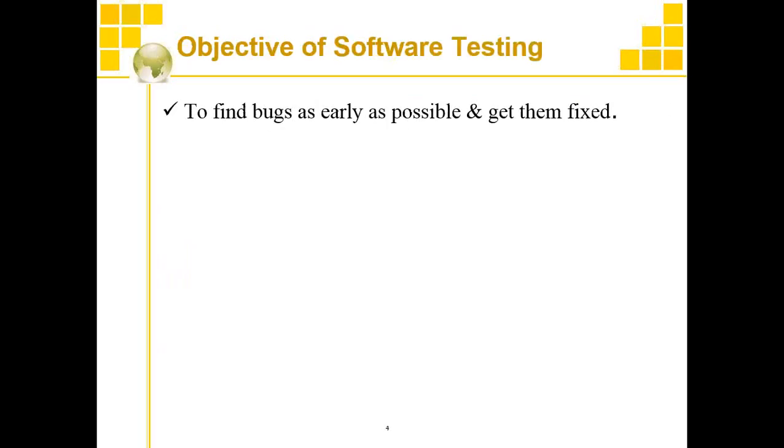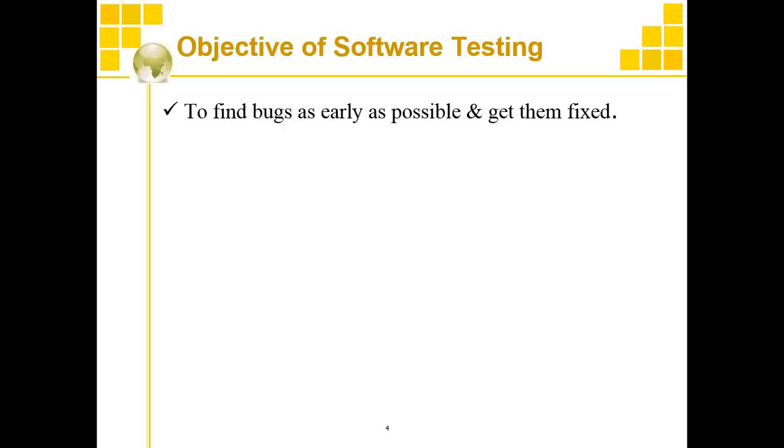The next slide is the main objective of software testing, which is to find bugs as early as possible and get them fixed. Suppose I have an example: a shopping system, and if you are purchasing goods and the payment gateway does not work properly, that means there is a bug between the application and the third-party payment module.